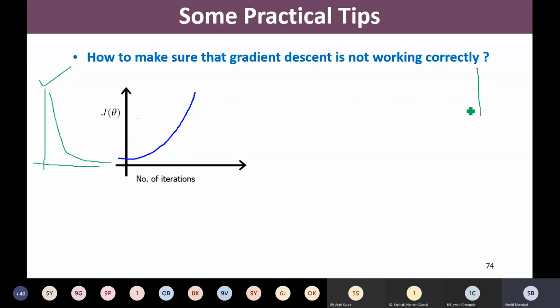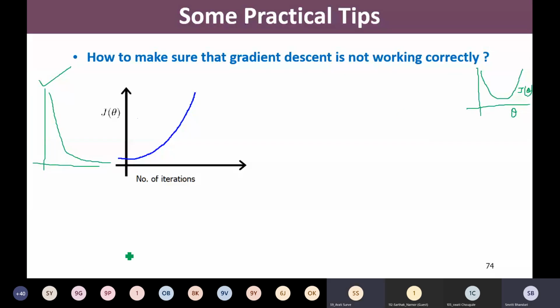So why are we getting such a plot? Say, for example, as we have seen earlier, theta is my parameter, and if I plot my cost function like this, this is my J of theta, a bowl-shaped function.